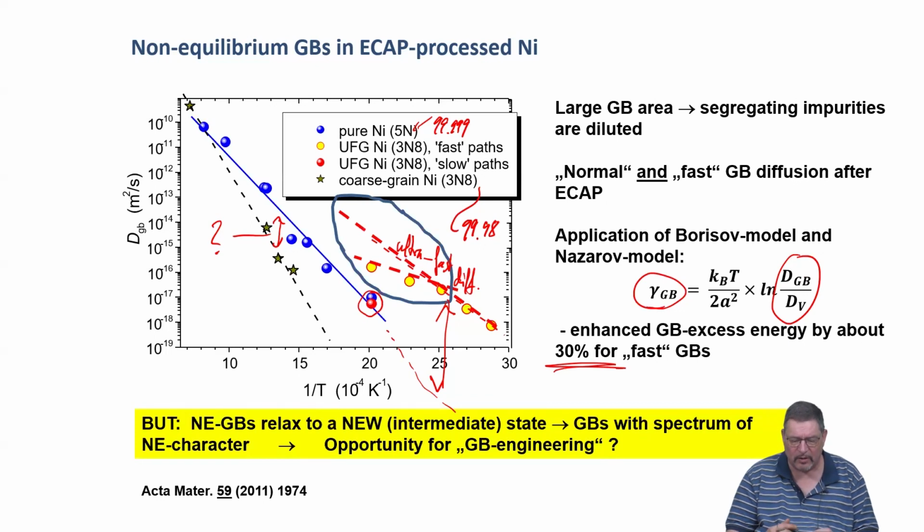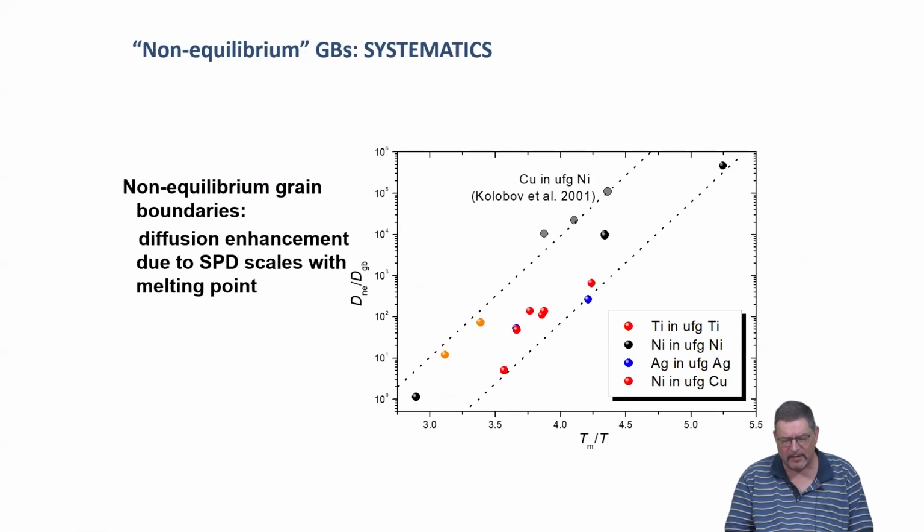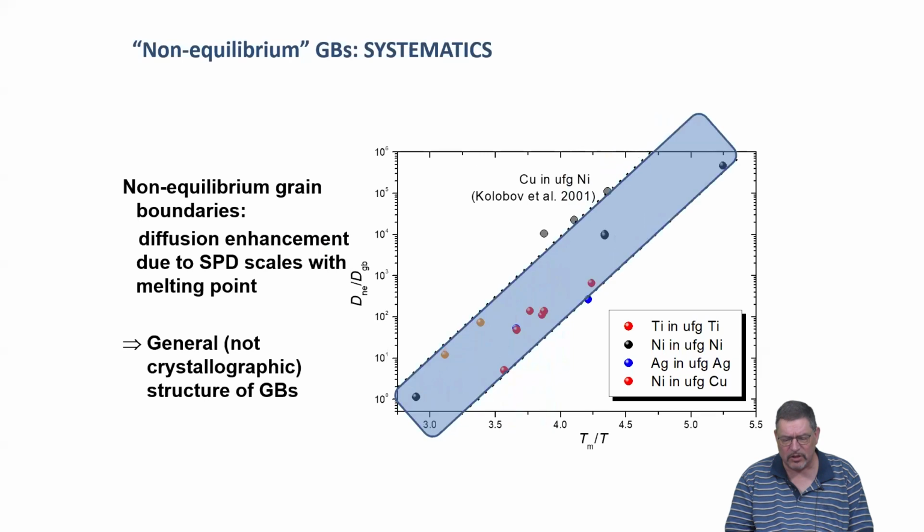And we see that we can also get the second branch, but this is not important here. And as I said, this is a general trend for all kinds of materials, different crystallography, different melting temperatures, and they show the same thing, which means it's really a generic behavior of severely deformed material, and you should take this into account.